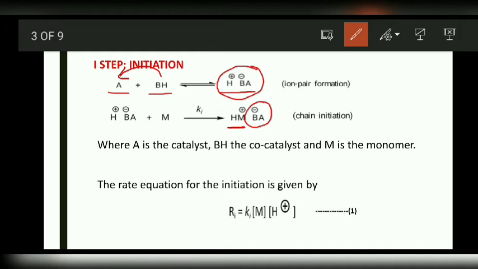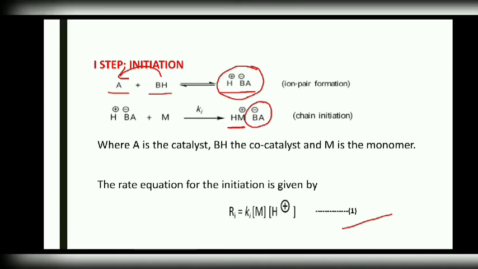Then for this, the rate equation is given by Ri is equal to Ki into molar concentration of M, that is monomer, into molar concentration of H plus, that is positive ion concentration, right? Or you can also call it the concentration of initiator. Fine. Call this equation number 1.